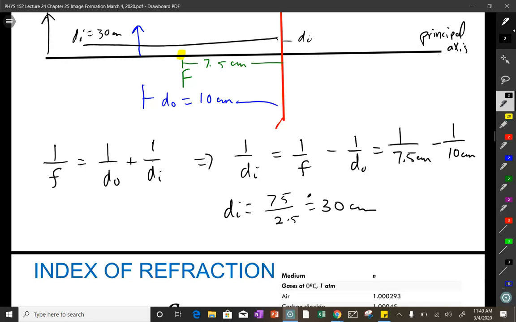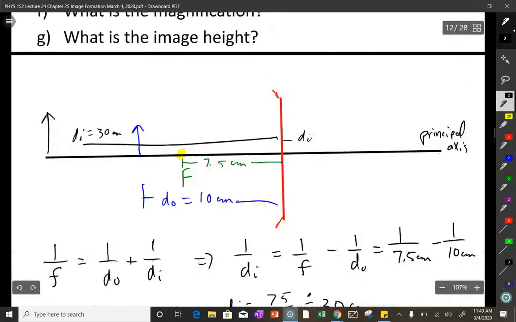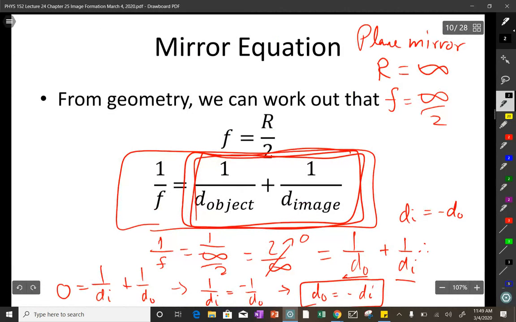How do I know it's bigger? There's another equation that I didn't put on here that I should have. Magnification is defined as the height of the image over the height of the object, which turns out through geometry to be equal to minus the distance image over distance object.